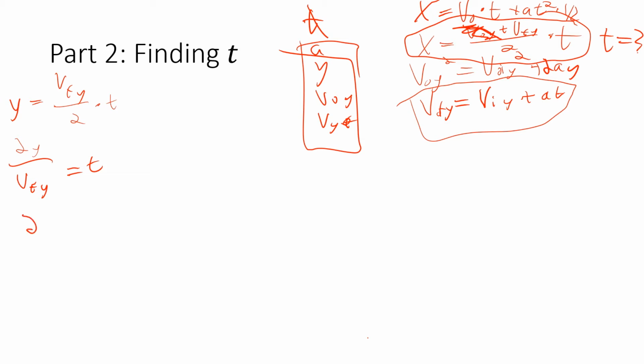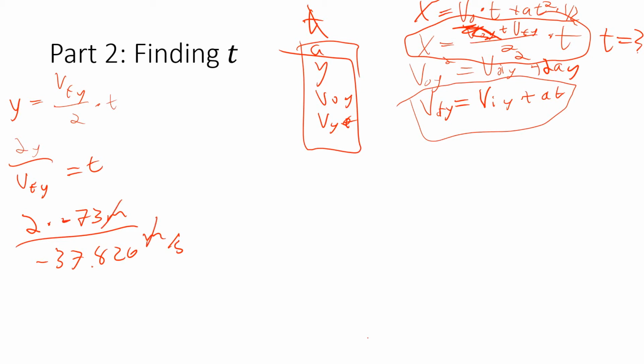So 2 times negative 73 meters over the final velocity of y, which we calculated in the previous step, is negative 37.826. So we multiply this all together, and guess what we get? That's meters over meters per second. This is negative, just to make it more clear.